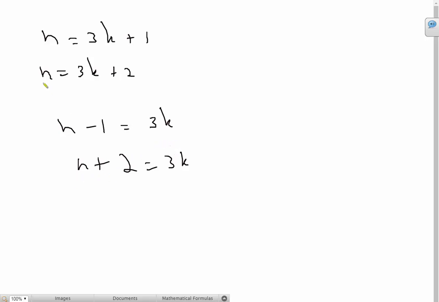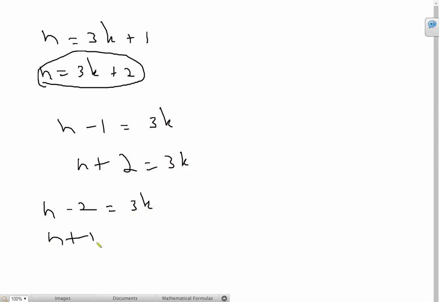And if n is equal to 3k plus 2, in this case now, n minus 2 will of course give us 3k, and n plus 1 will also give us 3k. Again, these two k's will never be the same, but all we're looking for is the fact that n plus 1 is indeed a multiple of 3.